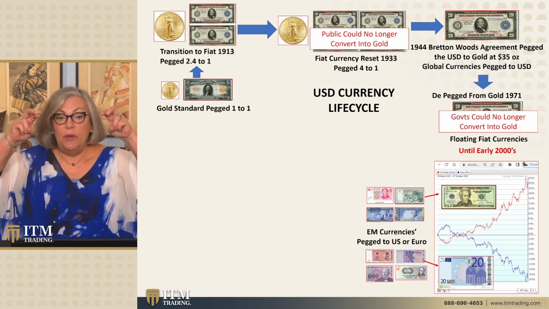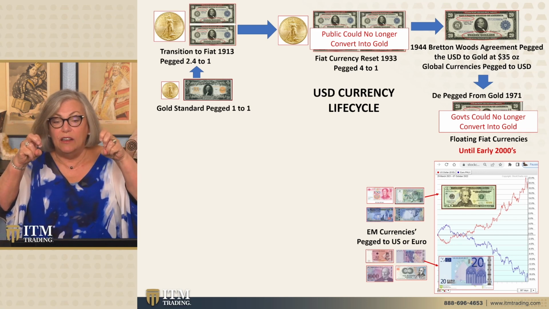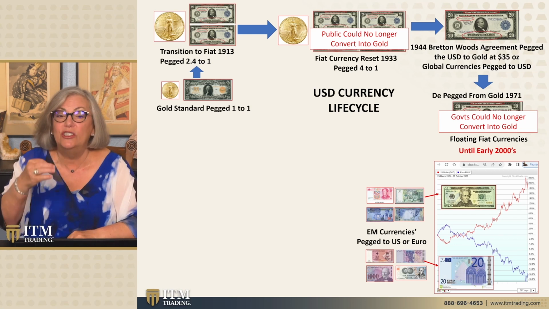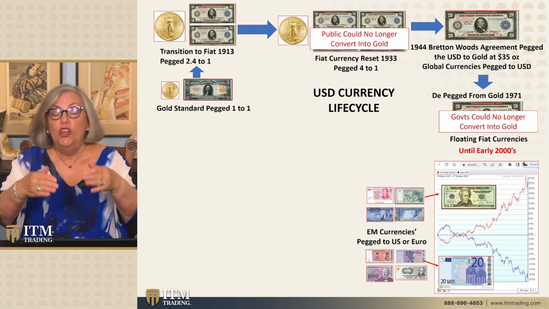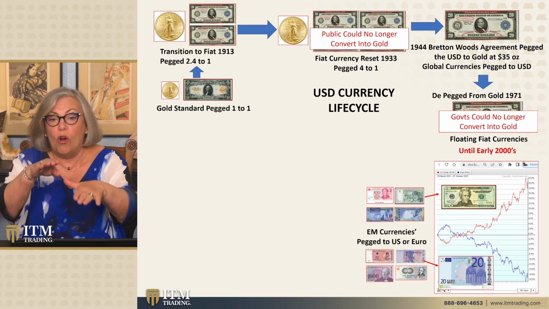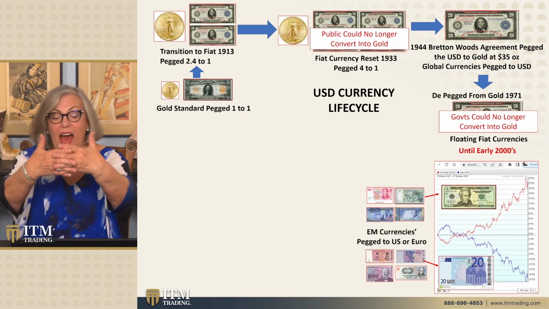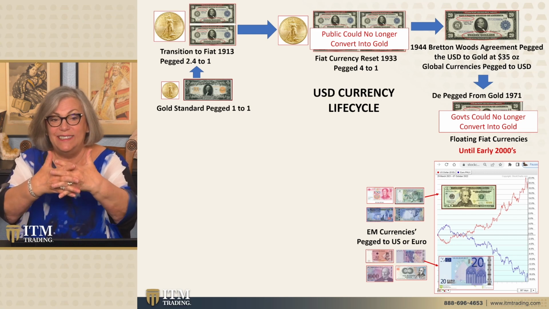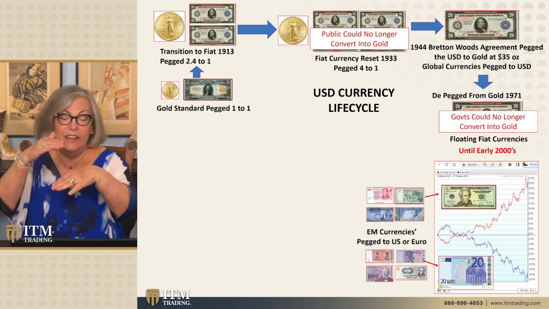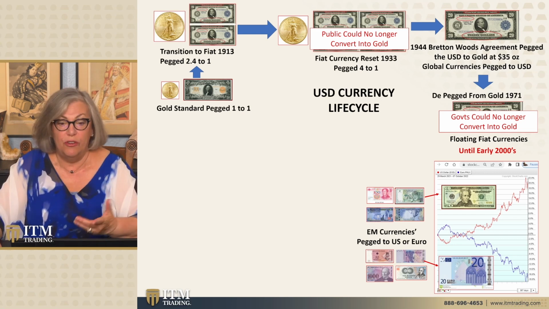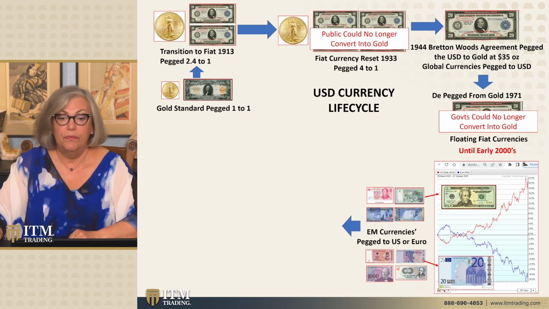Because as we keep hearing about such a strong dollar, that has an impact, because in order to maintain the peg, you have to sell or buy reserves to maintain that connection exactly or within a narrow range to either the dollar or the euro.